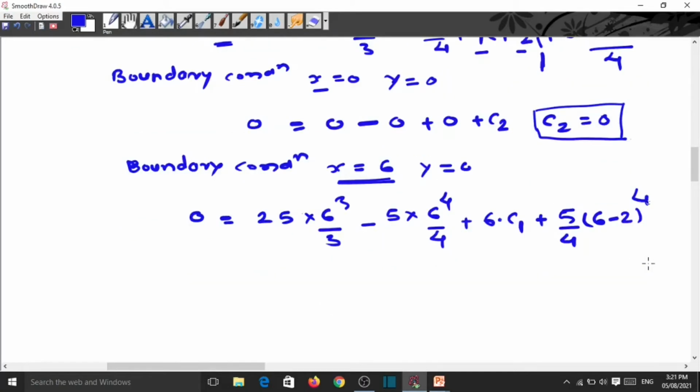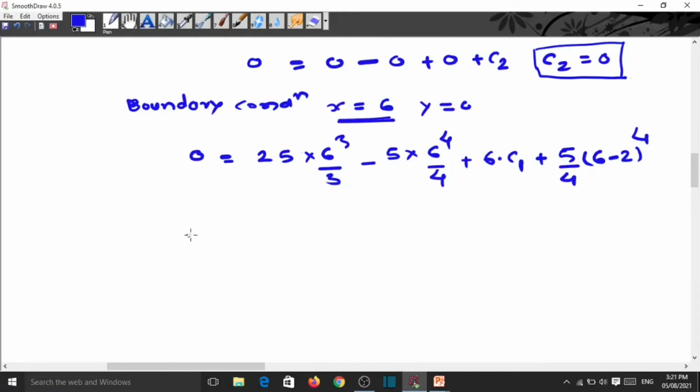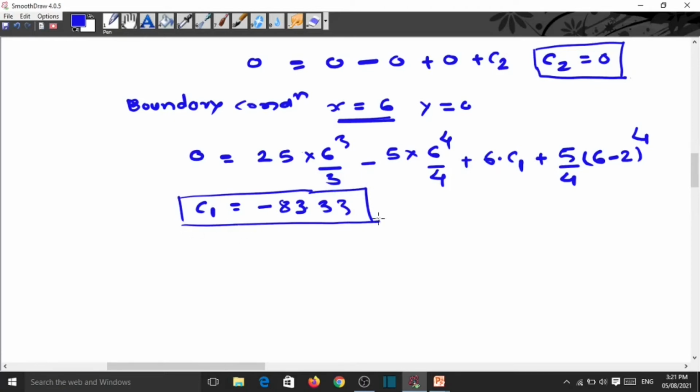Now if you solve this equation, we get the value of c1 is equal to minus 83.33. So in this way we got the value of c1 and c2.